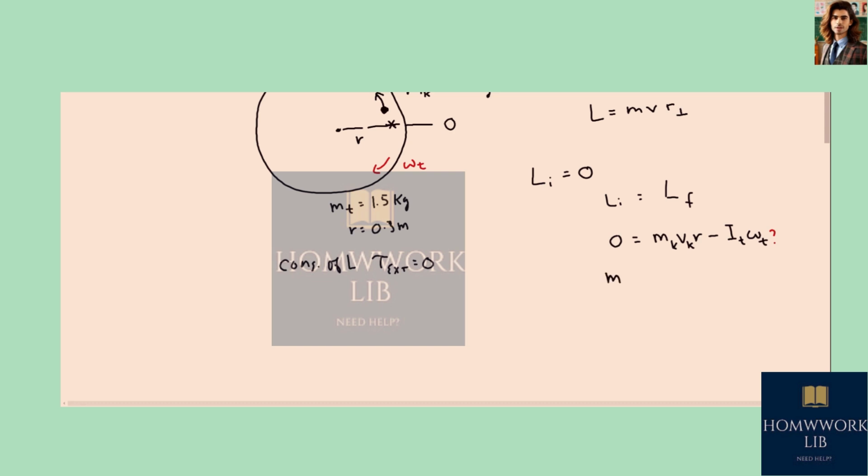Okay, so mass of kitten times its velocity times the radius is equal to, and here we'll use the disk formula, 1/2 mr squared, and that will give us the angular speed of the turntable.